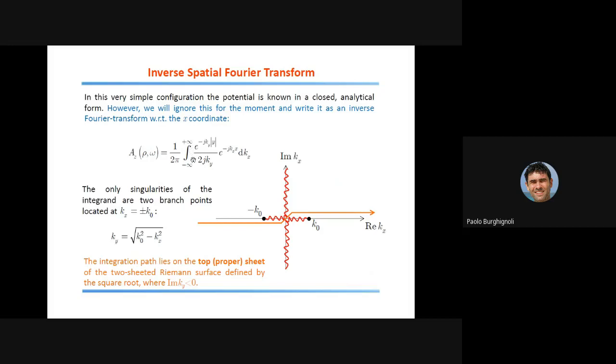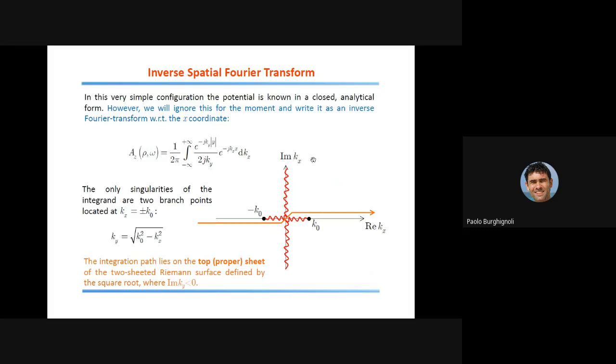So we integrate from minus infinity to plus infinity, and what we need to integrate is the one-dimensional Green's function, this fraction here, and then there is the exponential of the inverse Fourier transform here. The integration variable being kx, okay?